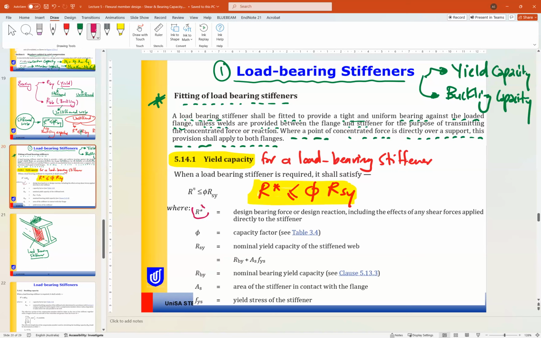R asterisk again is the design bearing force or the design reaction applied to the flange. Phi is the capacity factor, and we know phi equal to 0.9. RSY is the nominal yield capacity of a stiffened web.